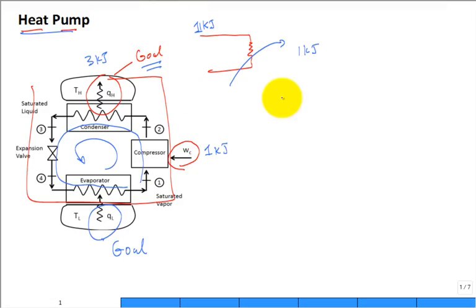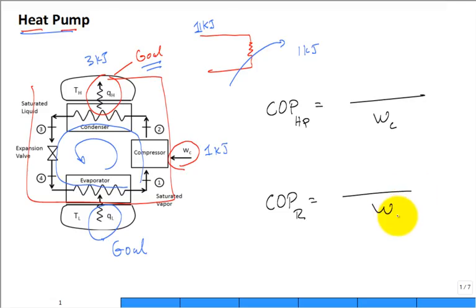So what did we have for a coefficient of performance for a heat pump? Let's compare it with the coefficient of performance for a refrigeration system. Both of them are what we desire over what it costs to run. So the cost is the work to run the compressor. But what do we desire?